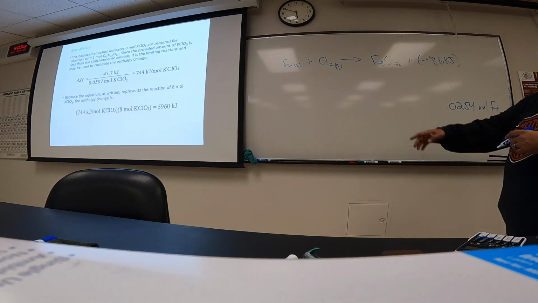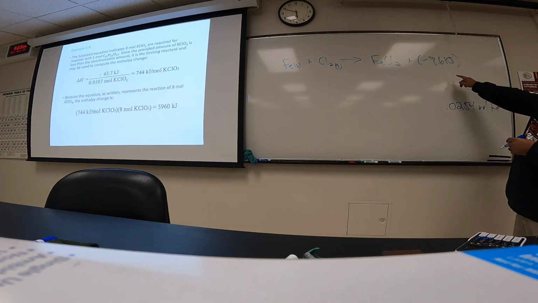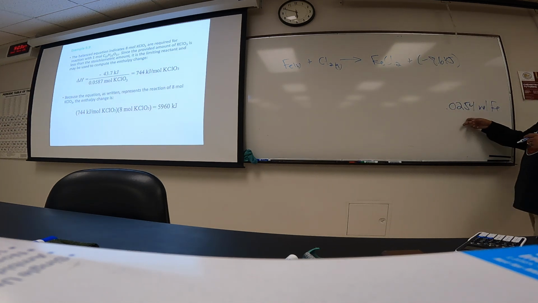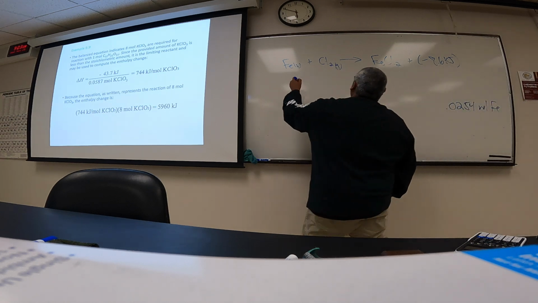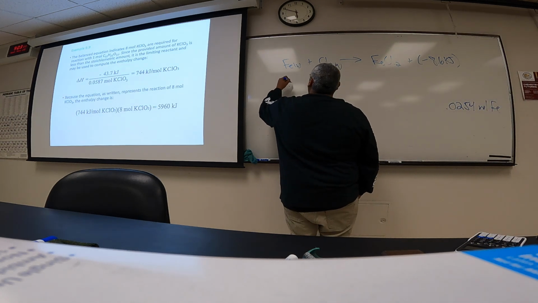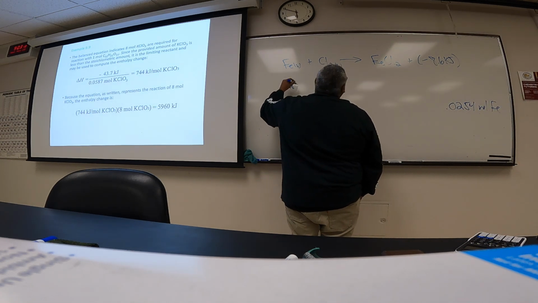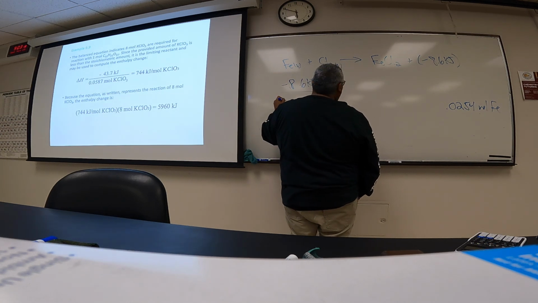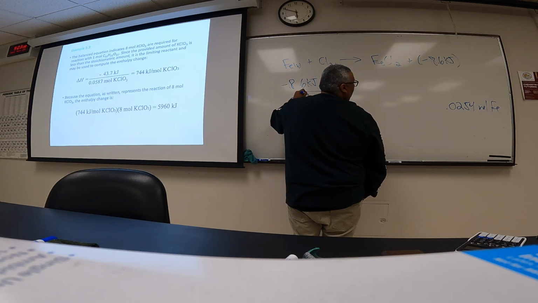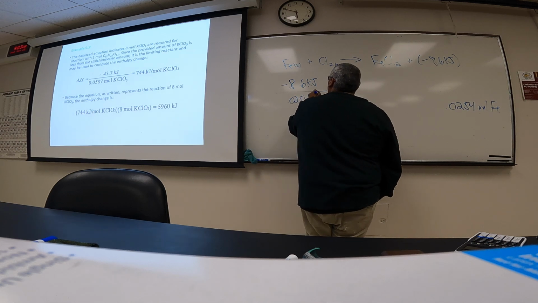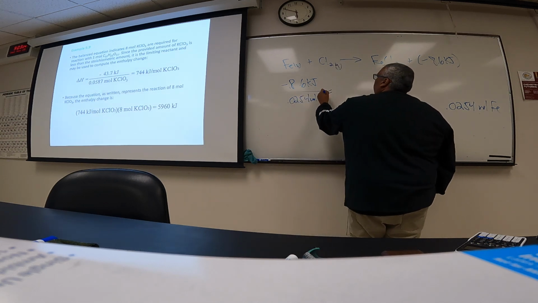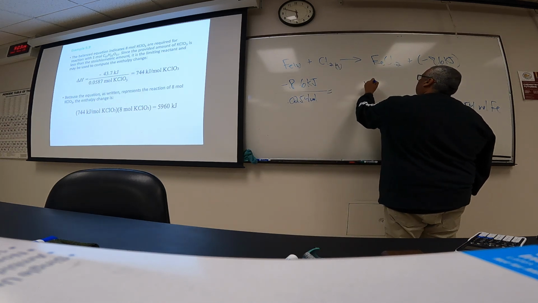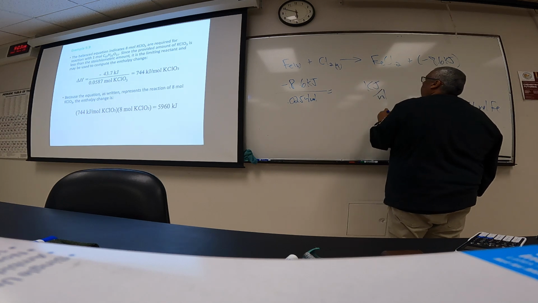So now we know how many kilojoules we have here. We have negative 8.6 kilojoules over 0.0254 moles of iron, and this is going to give us something in kilojoules per mole.